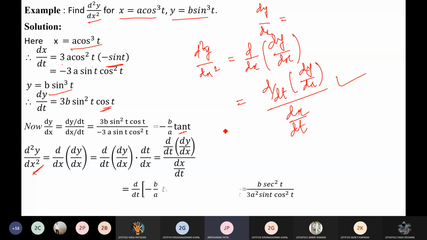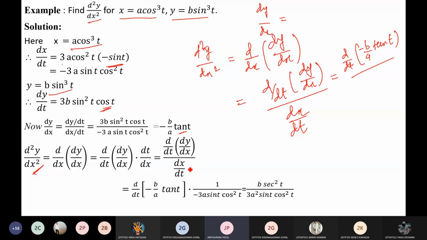Okay, then if you replace here, d by dt of minus... here if you find d by dt, one minute. Okay, now what is my d by dt? d by dt of dy by dx we have already found. So minus b by a tan t divided by what is our dx by dt?